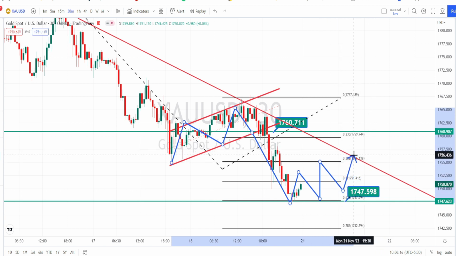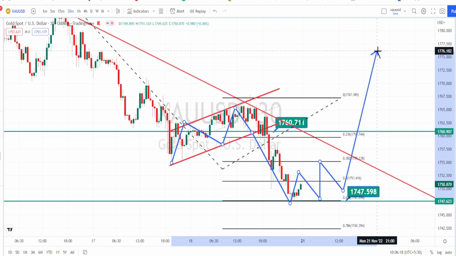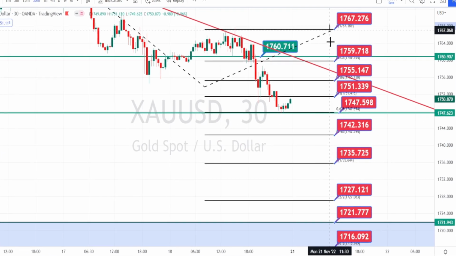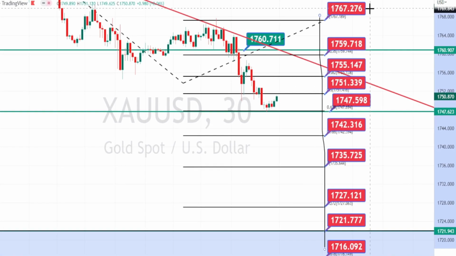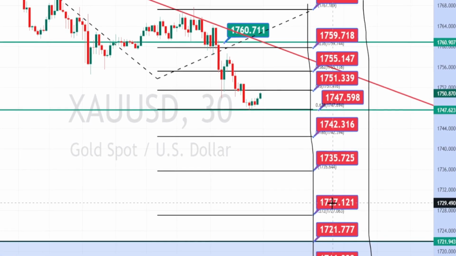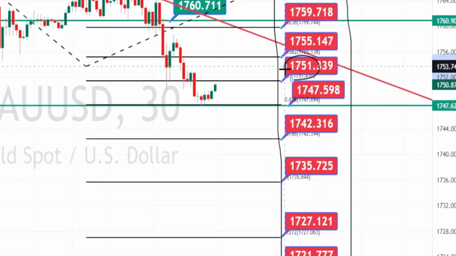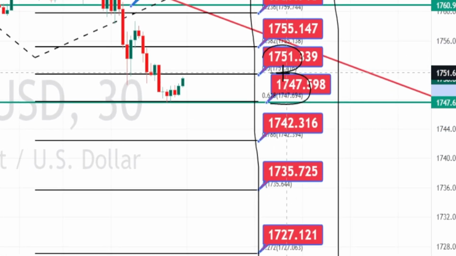Once it breaks this resistance line, we can expect directional momentum on the bullish side, or once it breaks the support line, we can expect directional momentum on the bearish side. So these are all the resistance and support levels for the current price action in the 30 minutes time frame. Currently the price action is trading between the resistance level of 1751 and the support level of 1747.